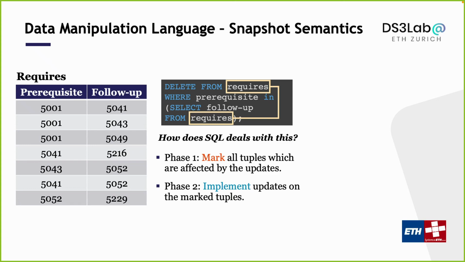Okay? So in this case, in the first phase, you say, okay, this tuple, the prerequisite, right? So 5041 is in the result of the subquery because the first row corresponds to that. And this tuple is the same, this tuple is the same, this tuple is the same. Yeah, in the first pass, I do not update anything.